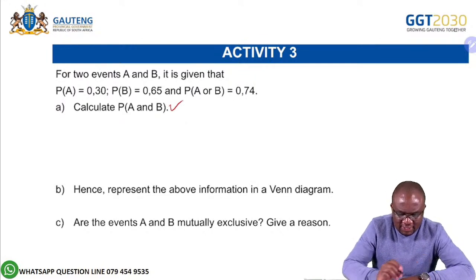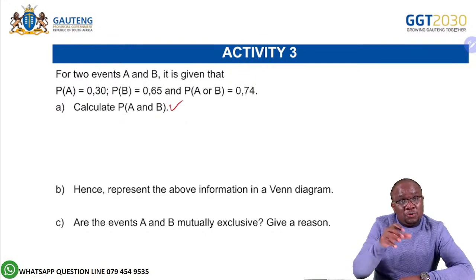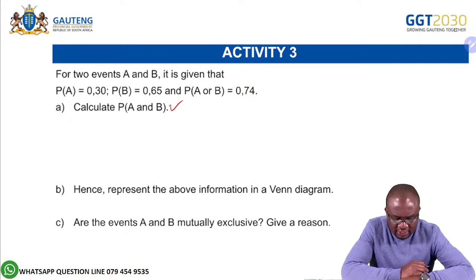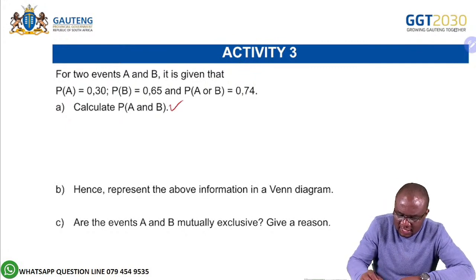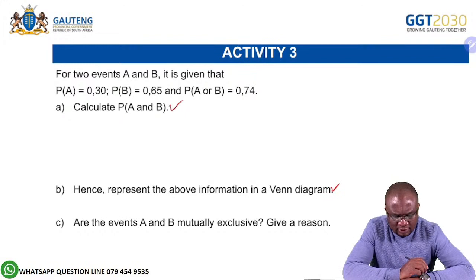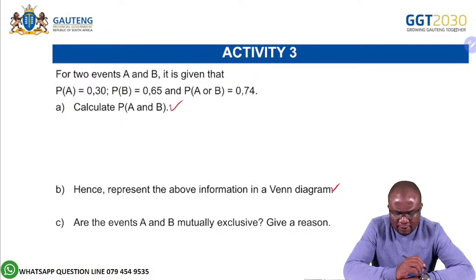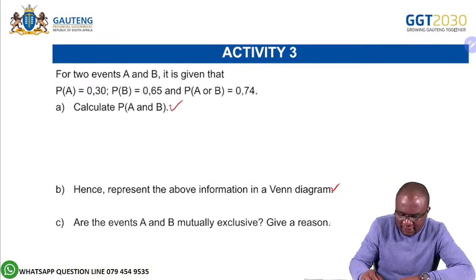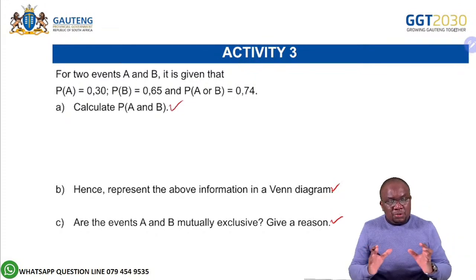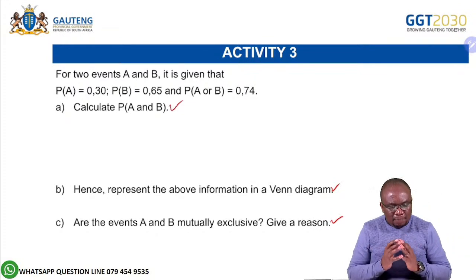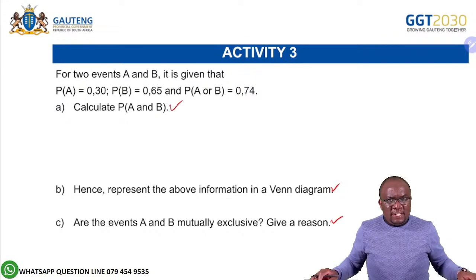And then after that, it says hence, meaning that you must use the answer you got in A. Hence, represent the above information in a diagram. And then, are the events A and B mutually exclusive? Give a reason. Right, I want you to do these three, A, B, and C, in 5 minutes. And then after 5 minutes, we're going to mark our work. Let's try.